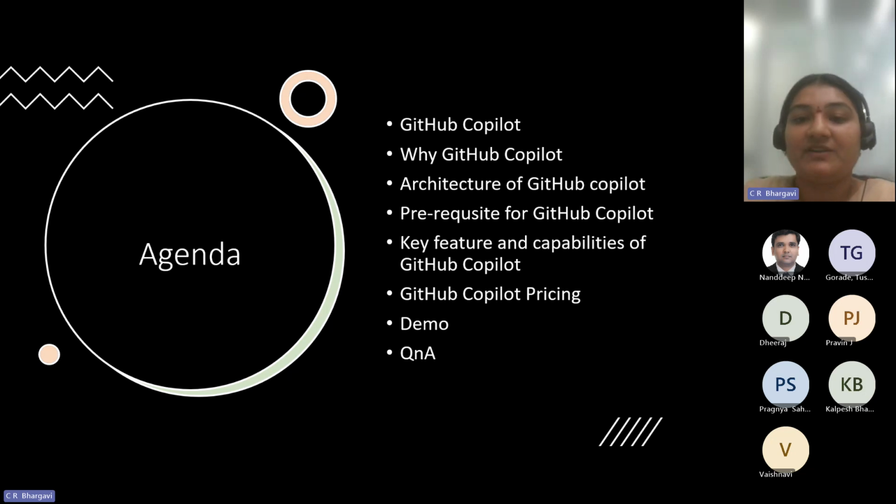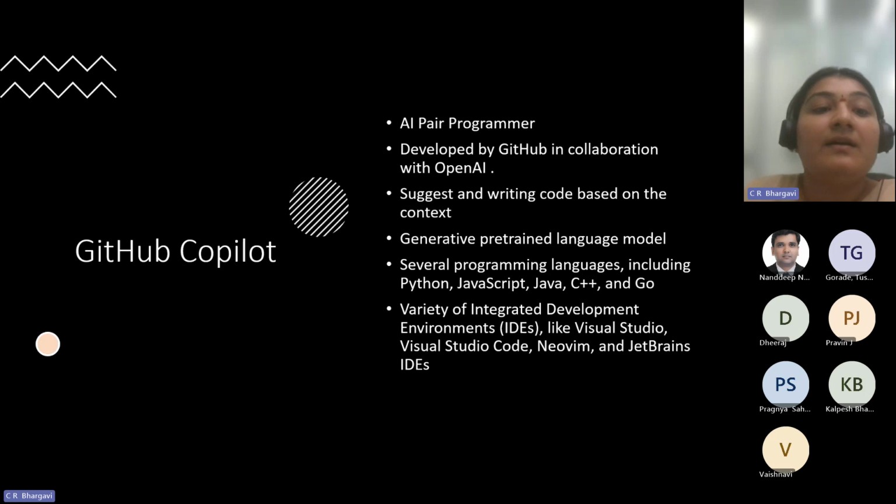Apart from that, we would also be touching base on the GitHub Copilot pricing, and we would be seeing a demo on how GitHub Copilot works. And at last, I would be taking up the Q&A, if there are any.